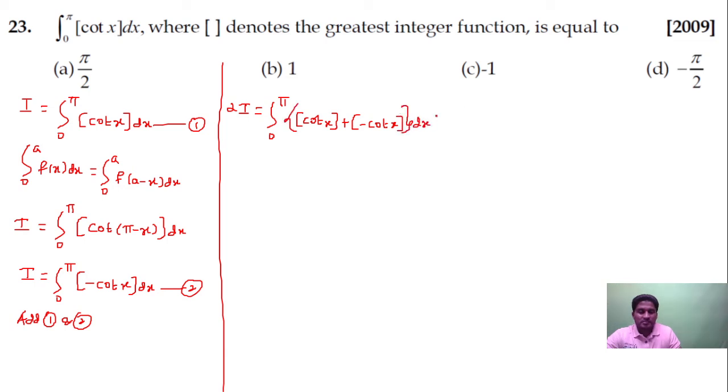We did in the previous questions: when x is an integer, box of minus x will be equal to minus box x. If x is not an integer, box of minus x will be equal to minus box x minus 1.